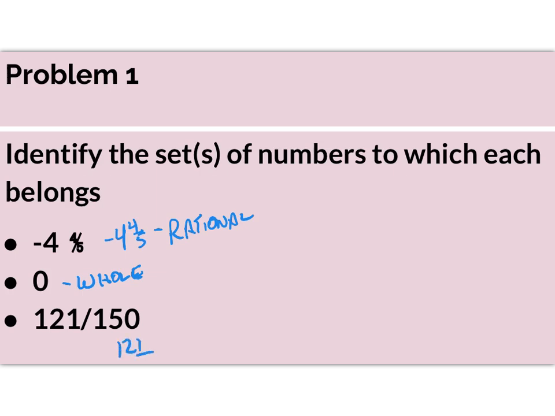And then 121 over 150. Okay, let's drop the 121 down into there. That goes in 0 times. So let's put a 0. And let's try 8. 8 times 0 is 0. 8 times 5 is 40.